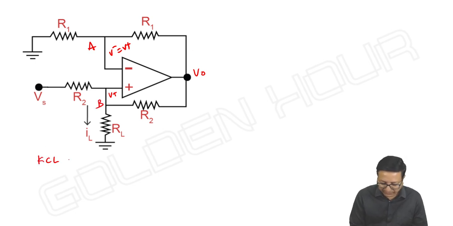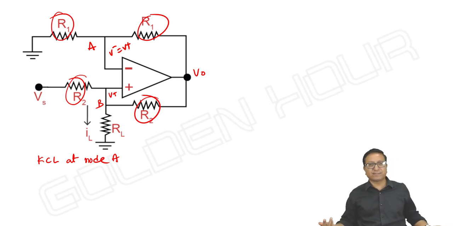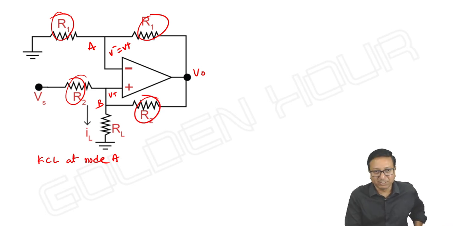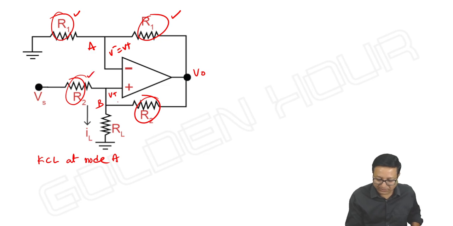So, KCL at node A. And here you see R1, R1, these two should be equal and these two should be equal. All are equal, doesn't matter. But must and should condition is these two. The resistors connected to the inverting input terminal should be equal and the resistors connected to the non-inverting terminal also should be equal. RL is variable.